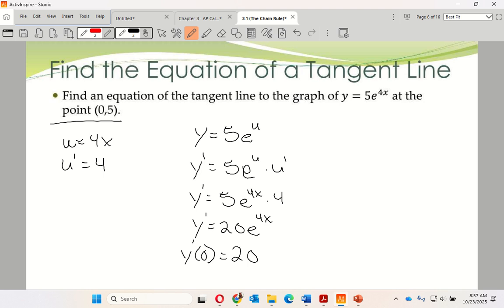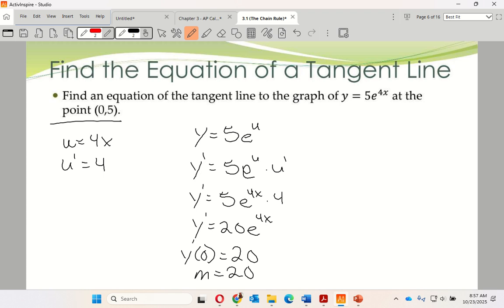So the slope when x is 0 is 20. Another way of writing this, if that notation helps you out, is m is 20.